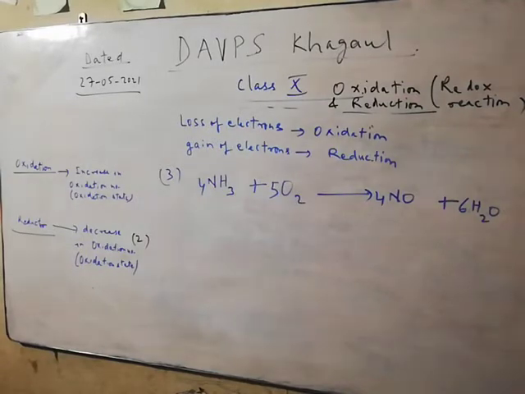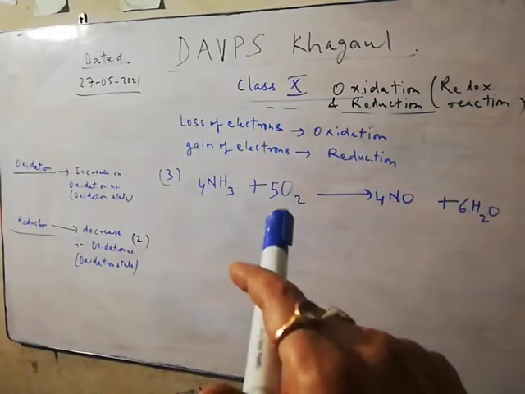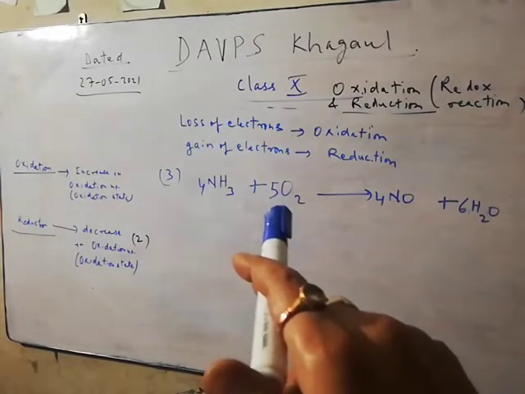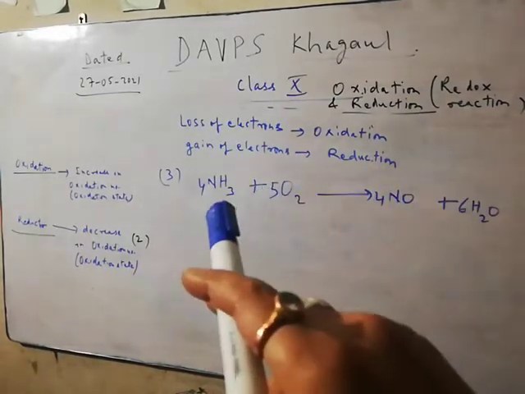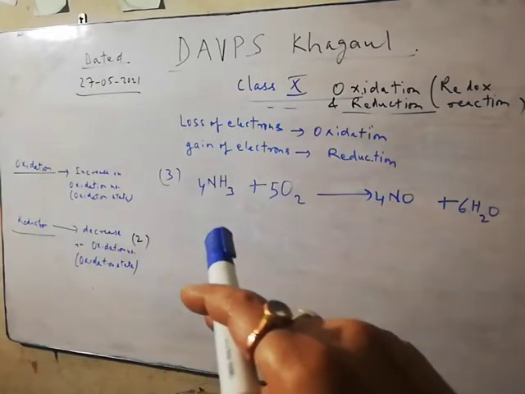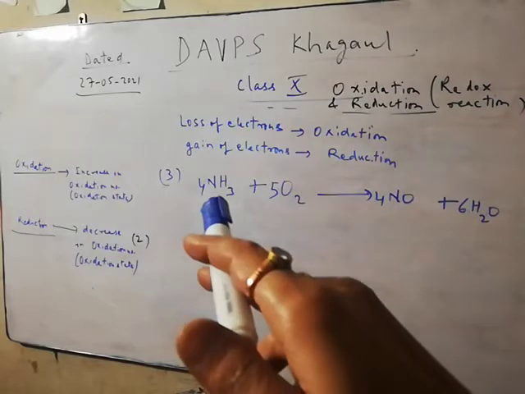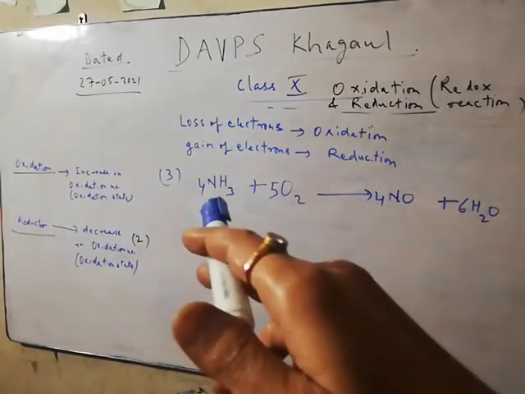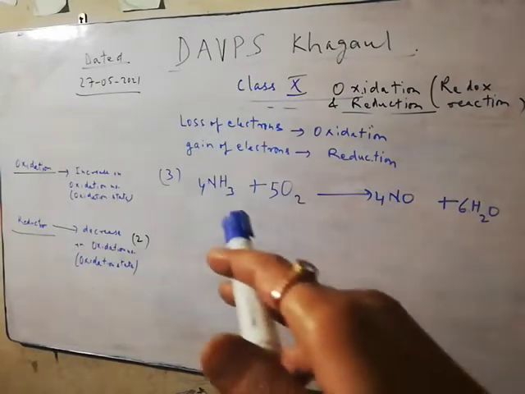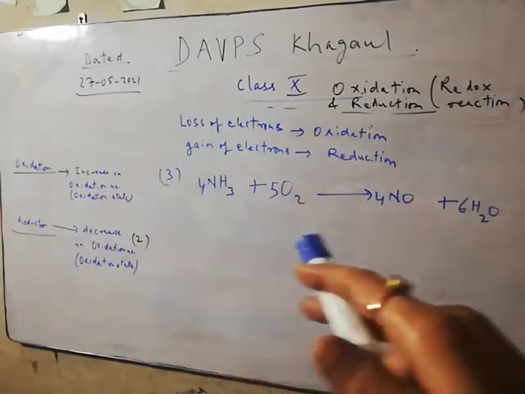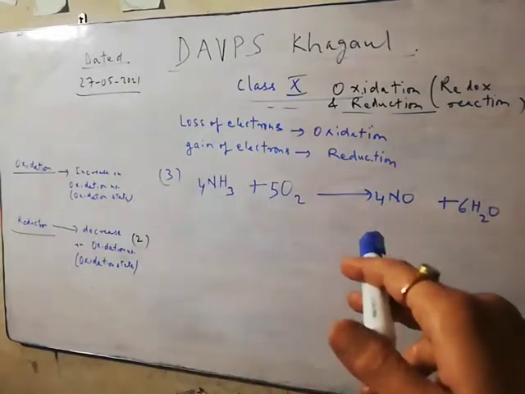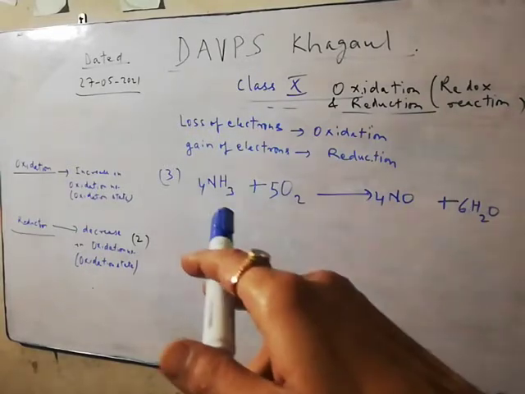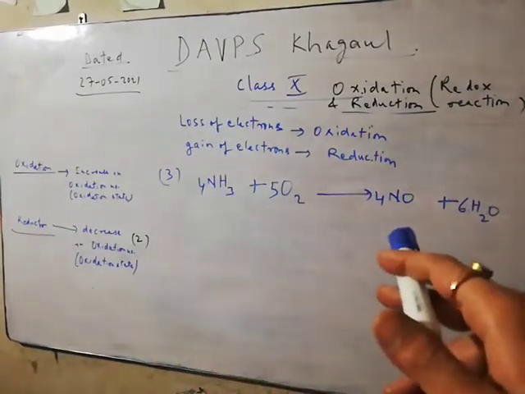Here nitrogen is getting oxygen, and there is loss of hydrogen also. Gain of oxygen is oxidation. At the same time there is loss of hydrogen too. So ammonia is being oxidized to nitric oxide.